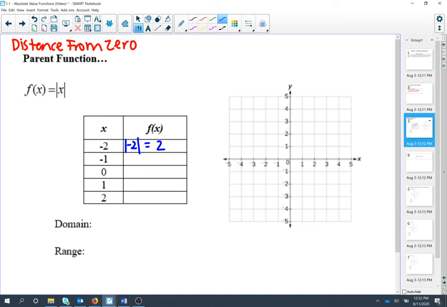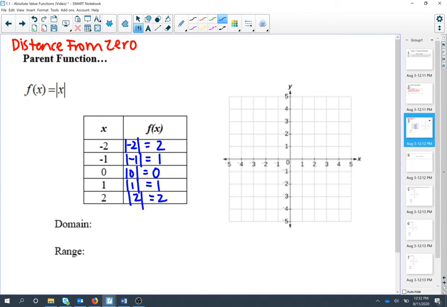Then we're going to do the same thing, absolute value of -1. Well, the distance that -1 is from 0 is 1. Absolute value of 0 is 0. 0 doesn't have a distance from 0, it's right there. Absolute value of 1 is still 1. Absolute value of 2 is still 2.